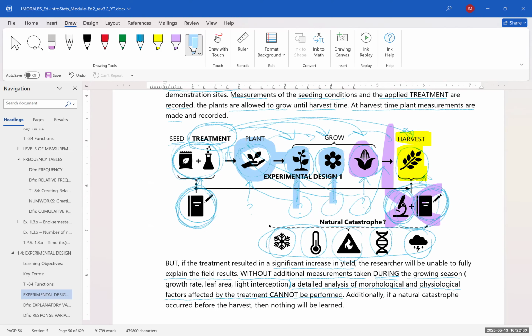If any of this information had been collected before that catastrophe took place, you would have learned something. You could have tied that to your treatment, right? Could have learned something there, but nothing was actually collected during that time.